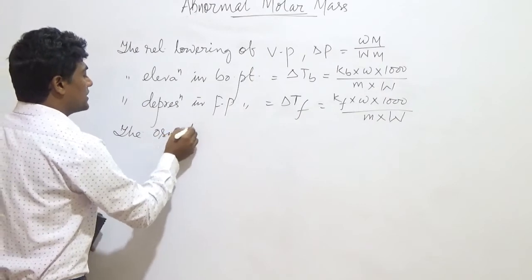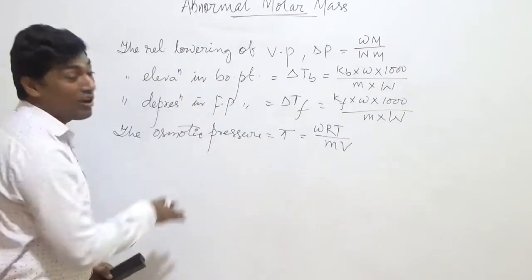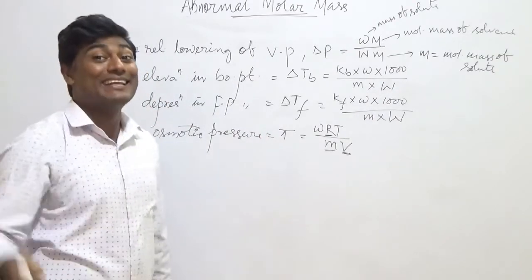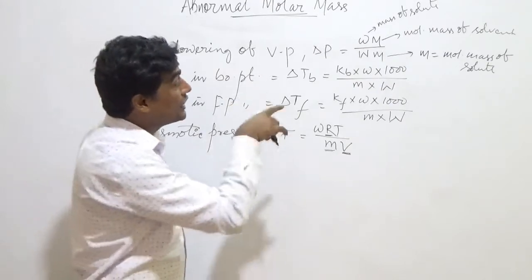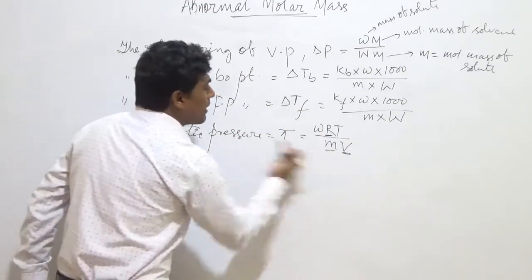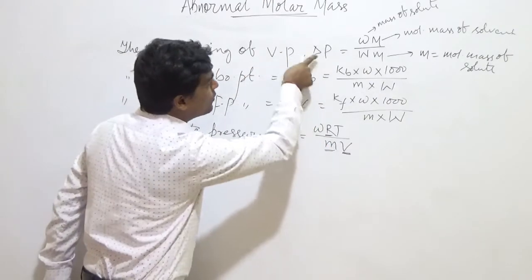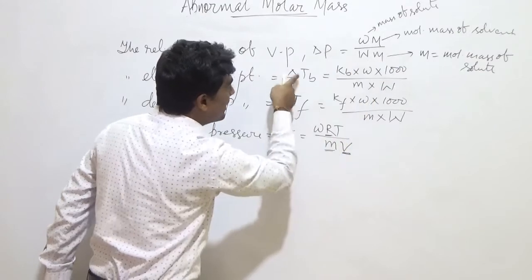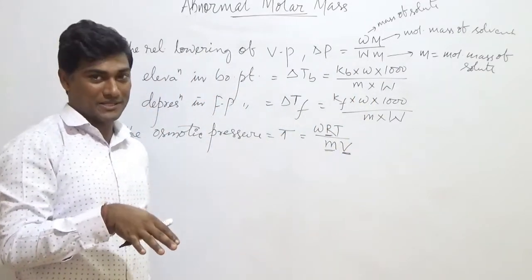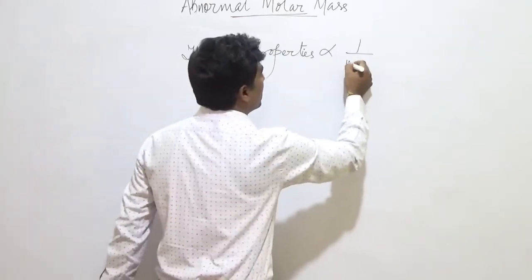These are the 4 formulae of the 4 colligative properties, and each formula has the molecular mass in the denominator, suggesting that the molecular mass is inversely proportional to the colligative properties. In each formula you see del P, here is M; del Tb, here is M; pi, here is M. So colligative property is inversely proportional to molecular mass.